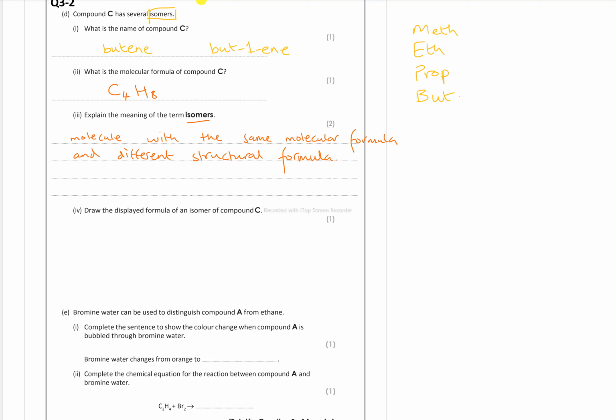Structural, or you could even use the word displayed formula. It's up to you. It's got the same number of atoms, so it's the same molecule in terms of the number and types of atoms, but it's arranged differently.